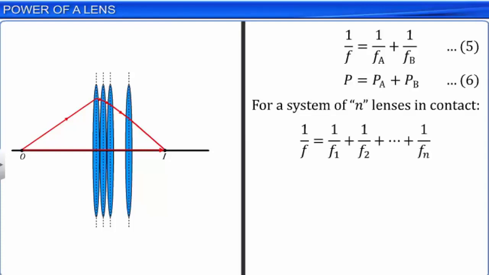If the magnification of the combination is M and the magnification of the individual lenses are M1, M2 and so on up to Mn, then M is equal to M1 into M2 into so on up to Mn. While using these equations, it is important to note that proper sign convention is to be applied for the values of focal length and optical power.